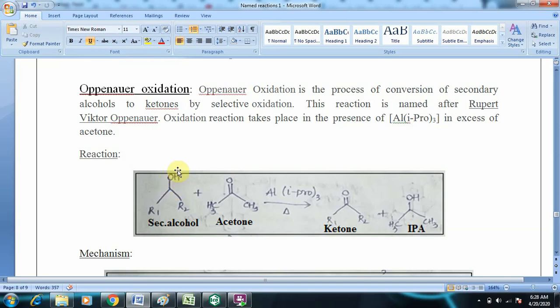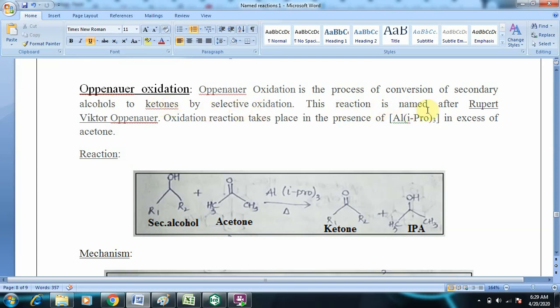So this is a secondary alcohol. So secondary alcohols are converted to ketones. As you can see, this secondary alcohol will be converted to ketone, and this acetone will be converted to isopropyl alcohol. So here Oppenauer oxidation is a process of conversion of secondary alcohols to ketones by selective oxidation.